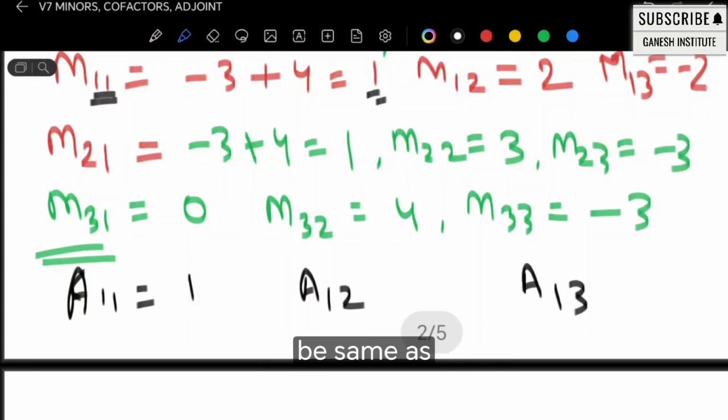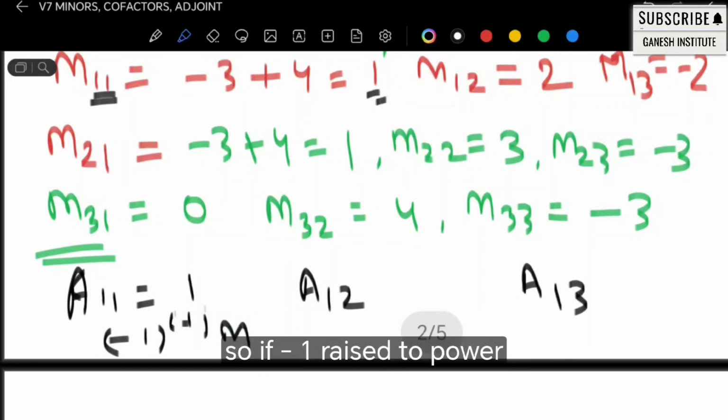So the value will be the same as the minor. Cofactor will be equal to the minor. Why? Because the formula is -1 raised to power i plus j times the minor. 1 plus 1 is 2, and -1 raised to an even power is 1. So it will be equal to the minor only.